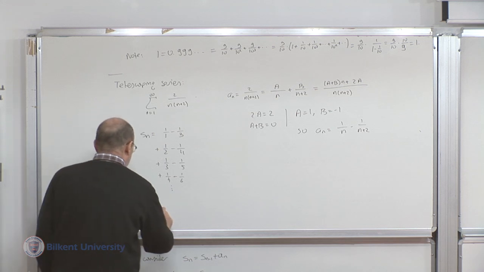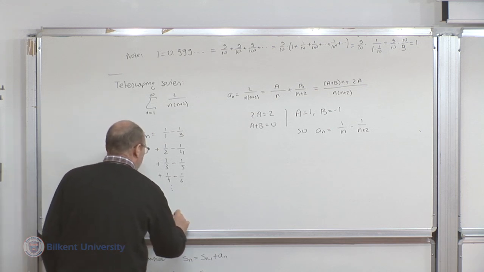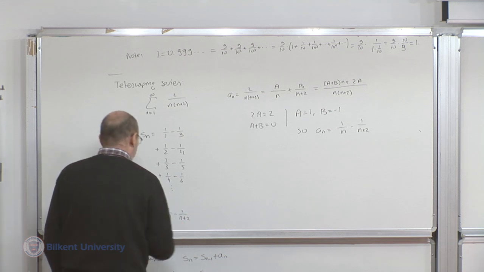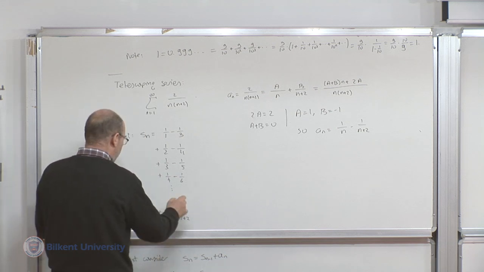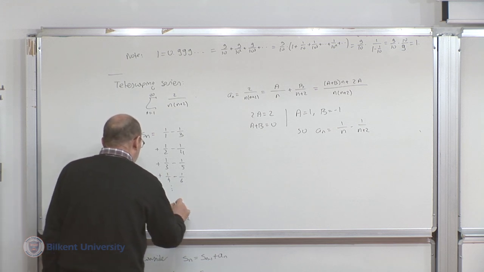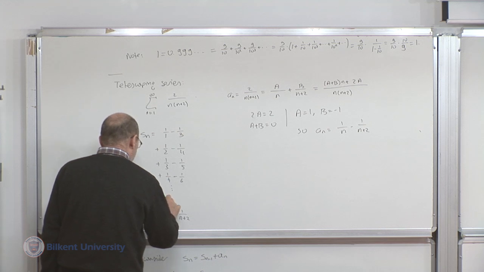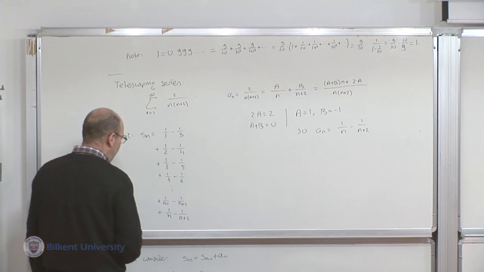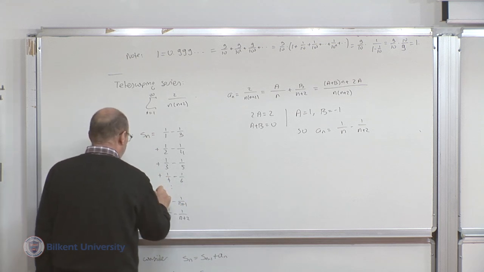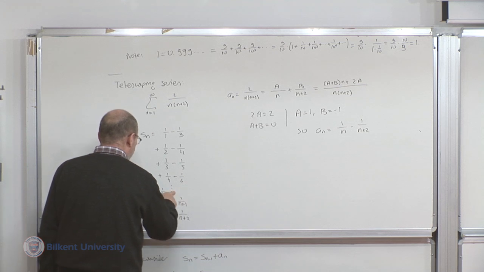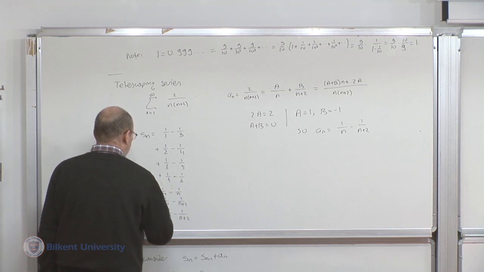So the last thing I'll have will be 1 over n minus 1 over n plus 2. I'll have also here plus 1 over n minus 1 minus 1 over n plus 1. Let me write one more here, plus 1 over n minus 2 minus 1 over n. And then I have dot, dot, dot here.